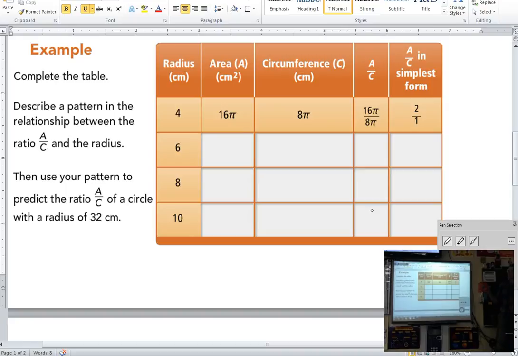If we think about the area for a radius of 6, Xavier, all we got to do since we're working in pi is square the radius. So what's our 6 squared? 6 times 6? 36. Yeah, so we get 36 pi. Our circumference, since again we're working in pi, instead of squaring, we just double.